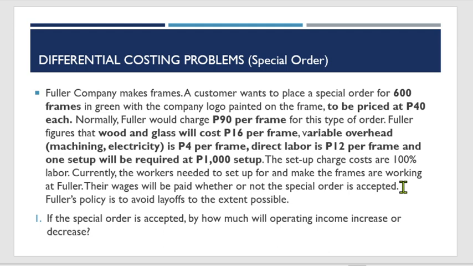So, magkano ang magiging additional revenue mo dyan? 600 times 40, then wag mo muna i-compute per total. So, 40 ka na lang muna. 40 minus 16 minus 4, that will give you 20. 20 ang advantage dyan. Then, yung 12, hindi na kasi i-consider. The setup charges are 100% labor. So, you do not consider yung related sa labor because it will be incurred whether or not it is a special order or a regular order. Fuller's policies avoid layoffs to the extent possible.